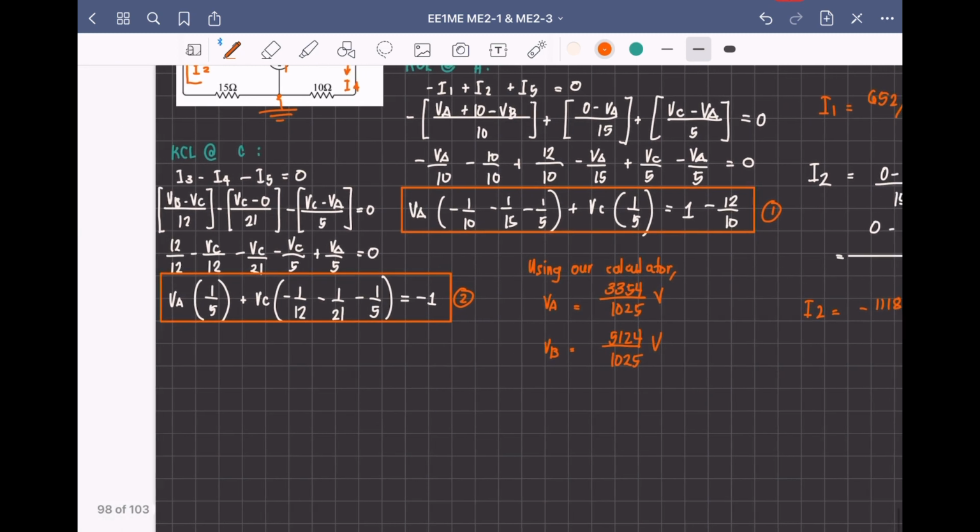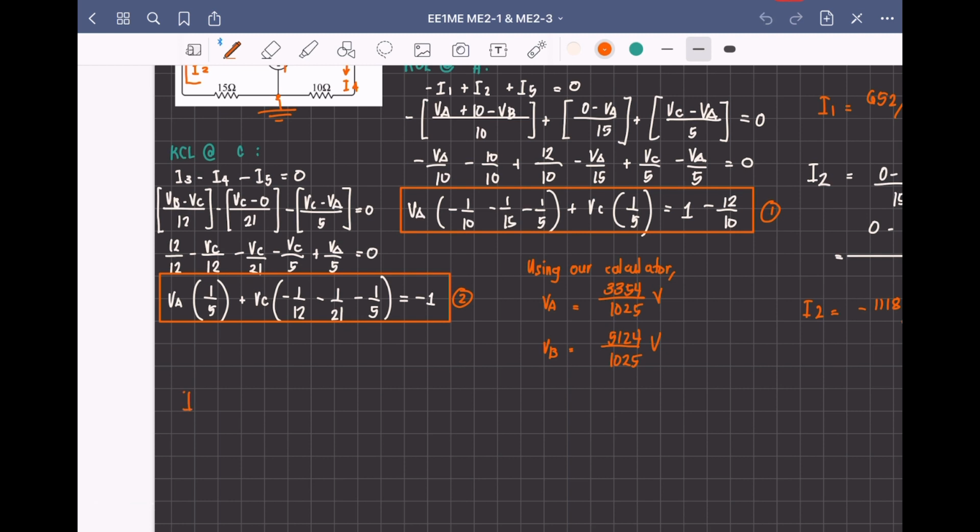Okay, next is we can solve for I3. Maybe I can place I3 here. So solving for I3, that would be VB minus VC all over 12. I'm just looking here at the equations or expressions I've made in the solution. So substituting, you have VB equals 12 minus VC. Let me correct this. This is supposed to be VC.